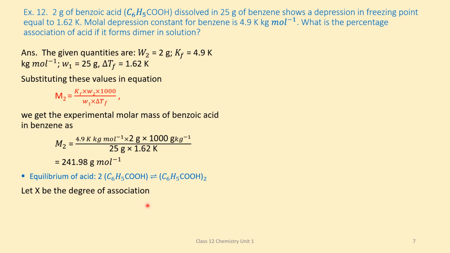Let X represent the degree of association of the solute, when we would have 1 minus X mole of benzoic acid left in unassociated form and correspondingly X by 2 associated moles of benzoic acid at equilibrium.